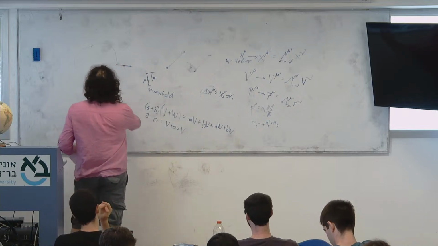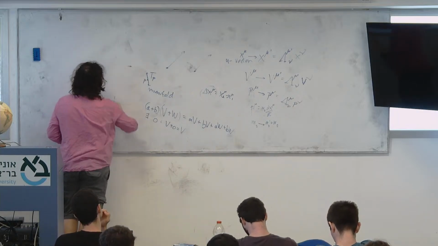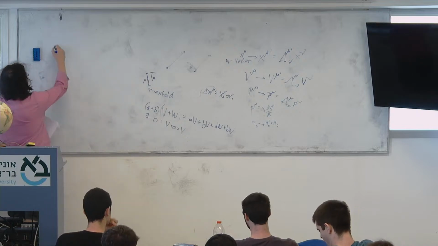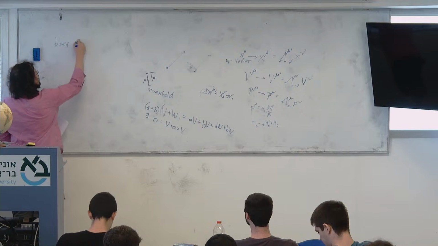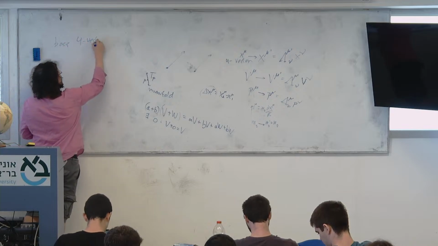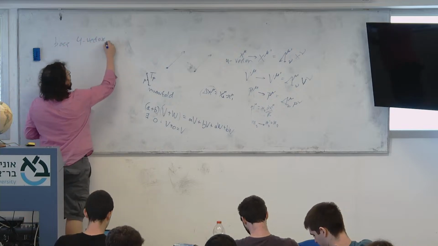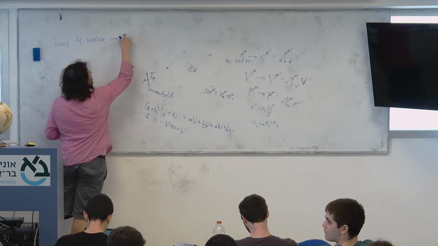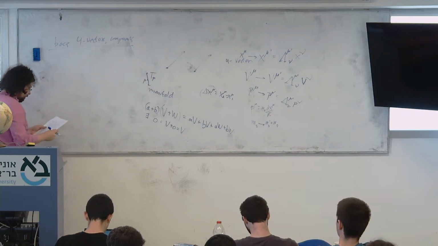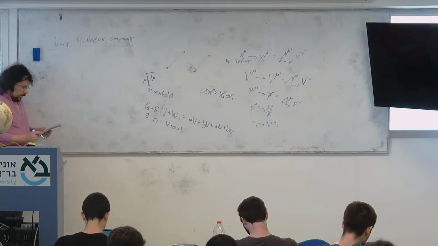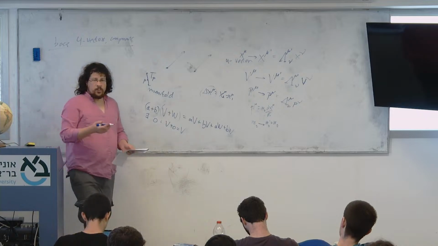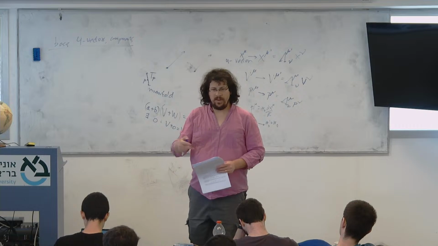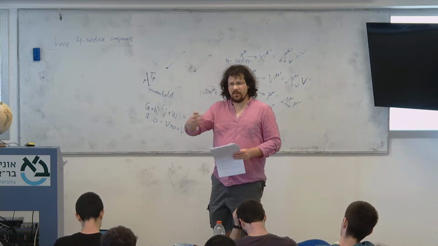Okay, so we have vectors. Now we want a basis for vectors, and components. Of course we want some basis where we can decompose every vector in our space in that basis.